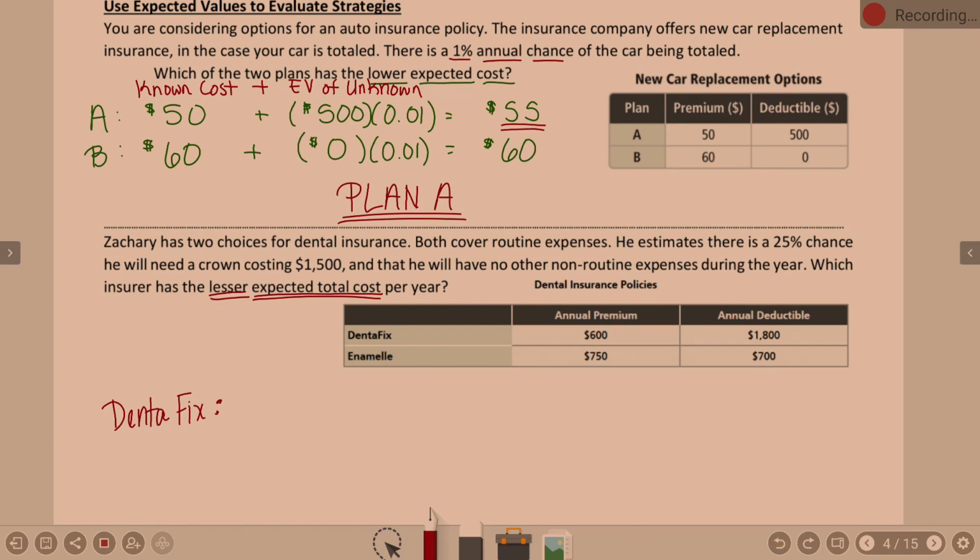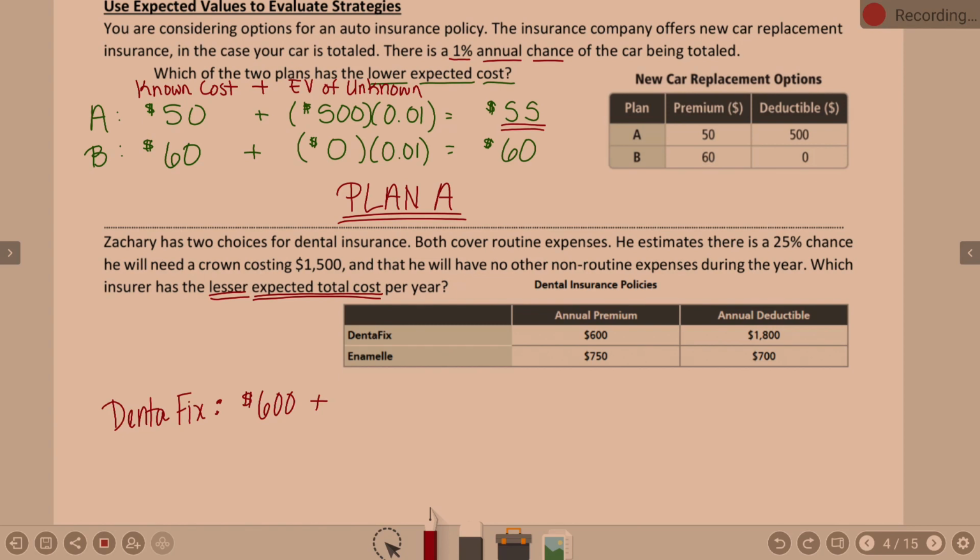Okay, there's a flat 600, paying that no matter what. And this one does say annual premium, yes? Annual being once a year. What else are we possibly paying? 1,800. 25%.